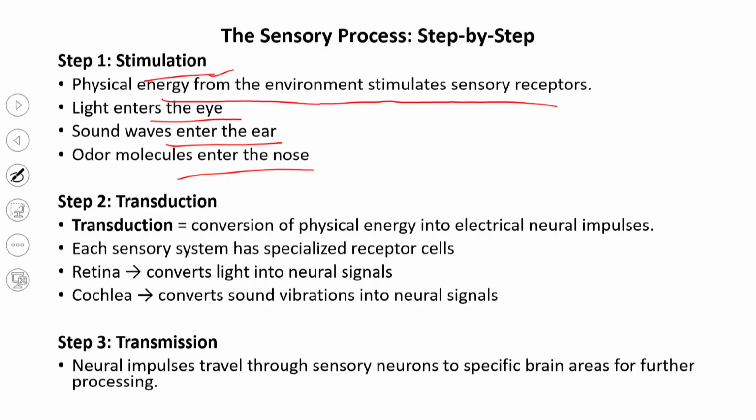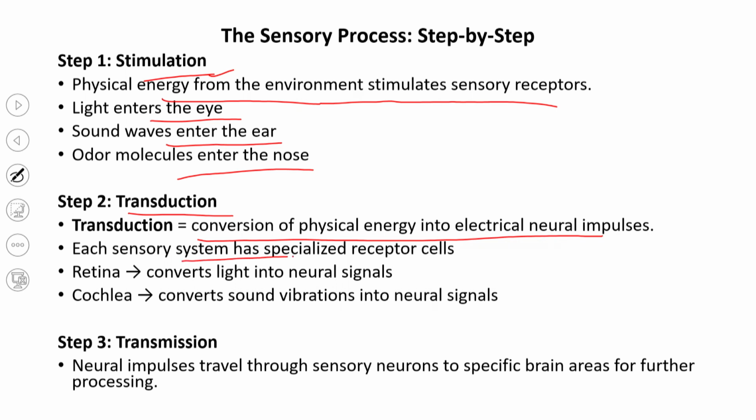The second step is transduction. What happens here? It converts physical energy into electrical neural impulses. The physical energy comes as light energy, sound waves and so on. That is typical physical energy coming from the environment. Then it touches your sense organs, or sensory receptors in those organs, and these sensory receptors convert that physical energy into neural impulses. They convert the form of energy so that it can travel to the brain for further processing.